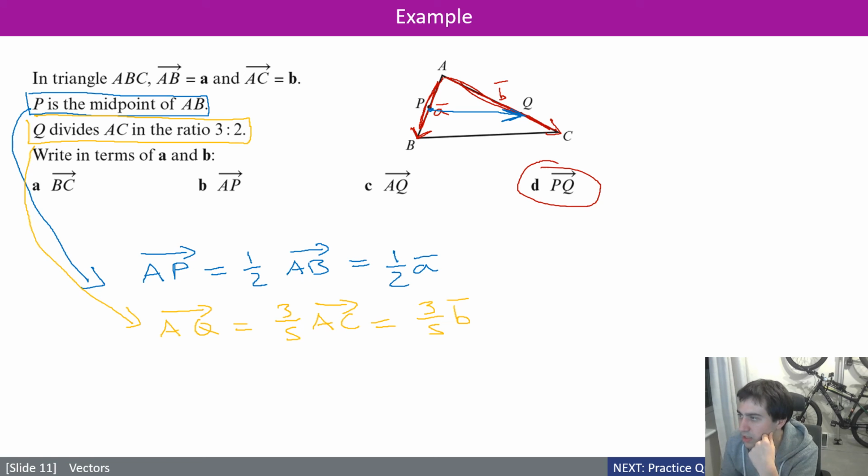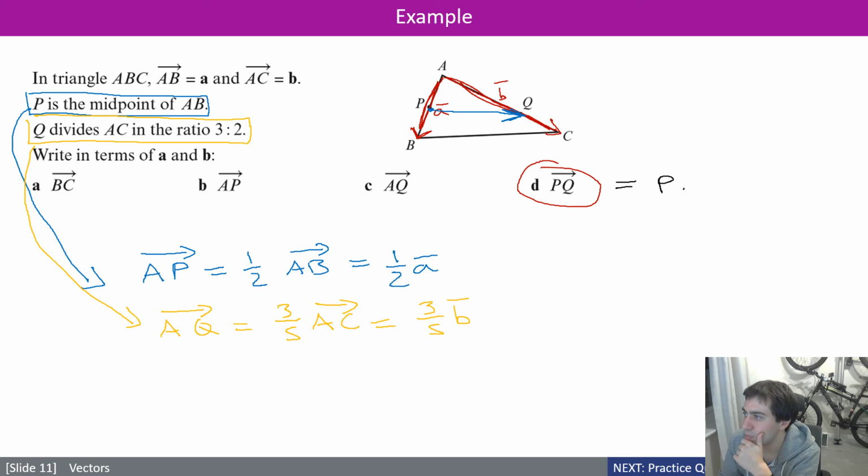I already know AP, which means I also know PA. It's just a negative. I also know AQ. So if I go from P to A and then to Q, I'm following a path with known values. So let's do it that way, and that should give us our answer.